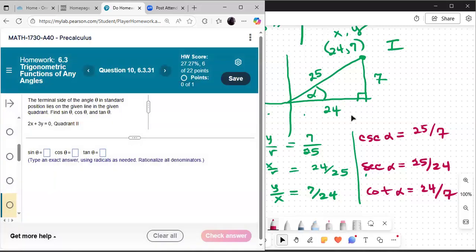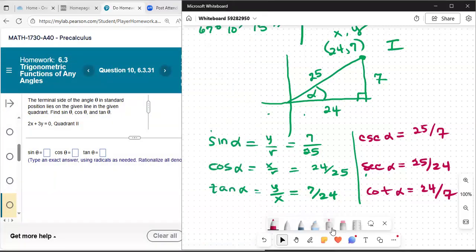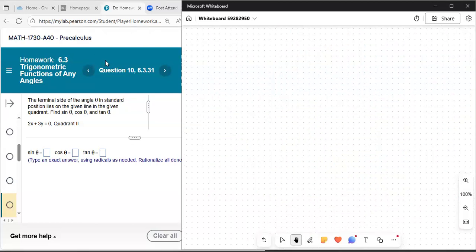Number 10. The terminal side of the angle theta in standard position lies on the given line in the given quadrant. Find the sine, cosine, and tangent of theta. So let's go ahead and sketch this out a little bit.